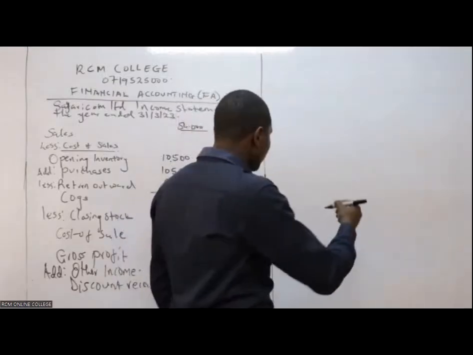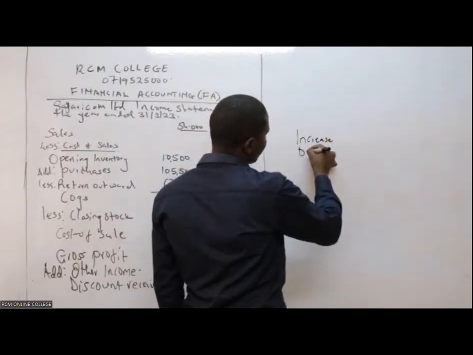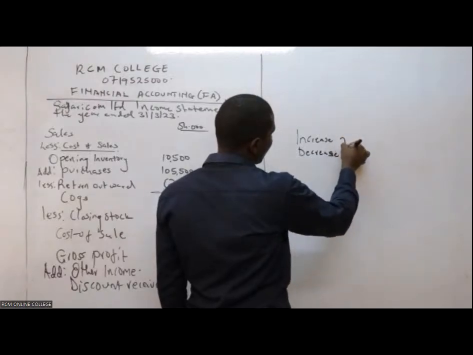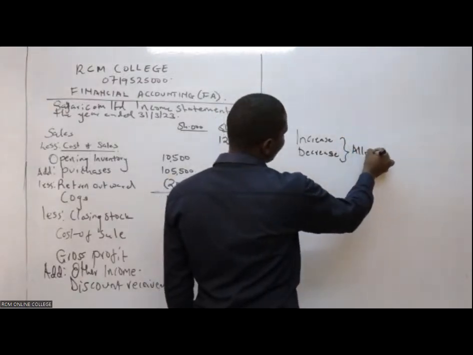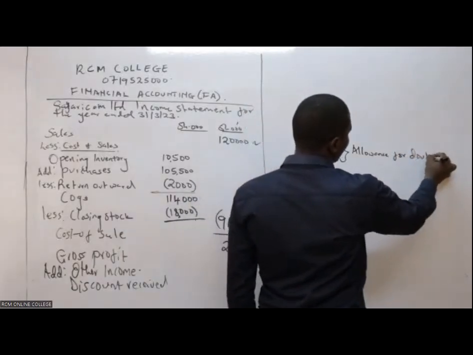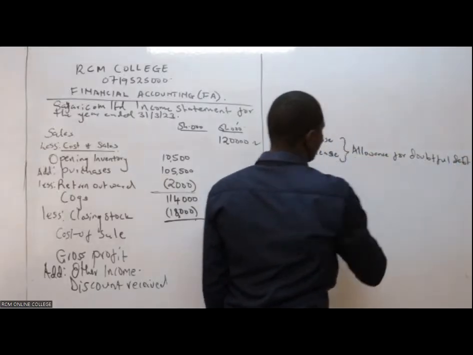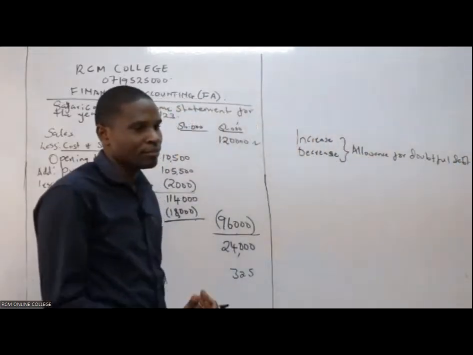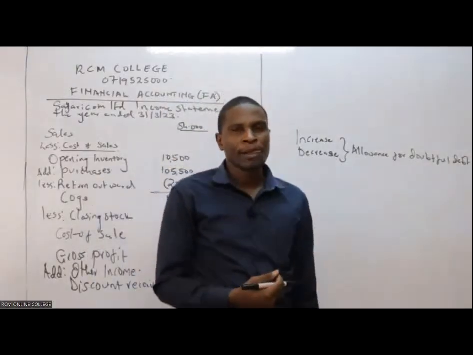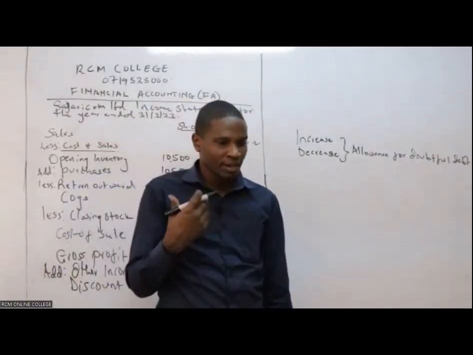We have an increase and a decrease in allowance for doubtful debt. Between the two, which one is an income and which one is an expense?